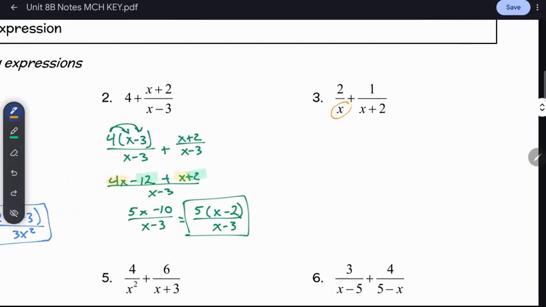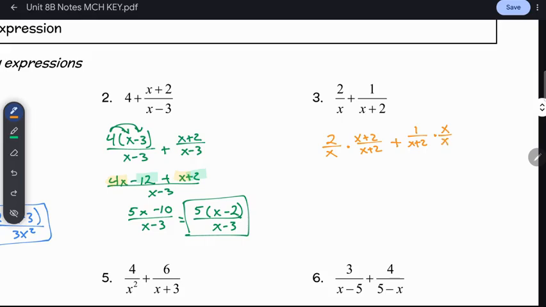Okay, next we have 2 over x and 1 over x plus 2. These have actually nothing in common, so the only possible common denominator is those two things multiplied together. So to get that, we're going to have 2 over x times x plus 2 over x plus 2 plus 1 over x plus 2 times x over x.